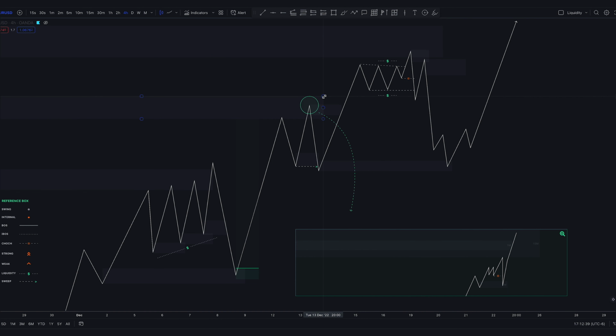Like I said before, the market can do whatever it wants. So we are just gathering confluences for us to enter a trade, correct? This is the first signal that this supply here is not holding. So we're not taking any trades here. Even if you saw this break, it could possibly give you another entry down here.